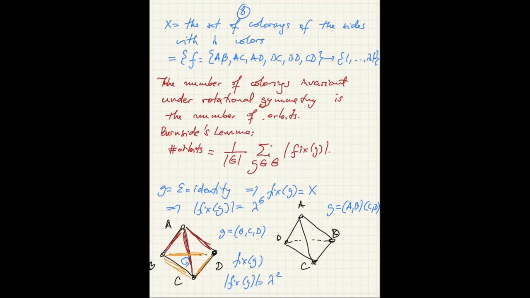But what happens is that BC can be mapped to AD, so you want the colorings where these two edges get the same color, and similarly BD and AC get the same color, but the remaining two, like AB, could get, and the color on CD, it's independent of that color.